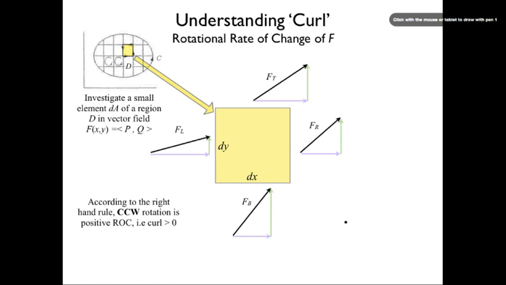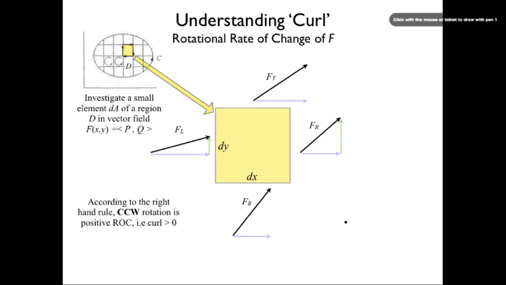Okay, so watch this. We're going to get rid of that one. Bye, and then bye-bye. So we just want the P for the top and the bottom, which contributes to the turning of this thing.